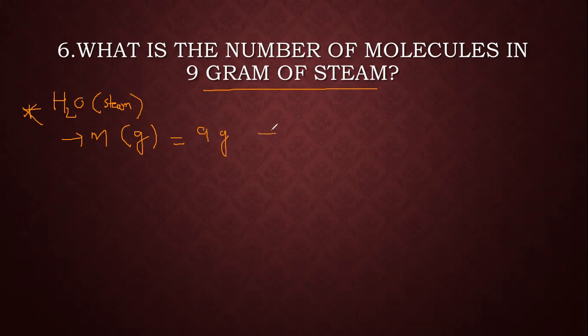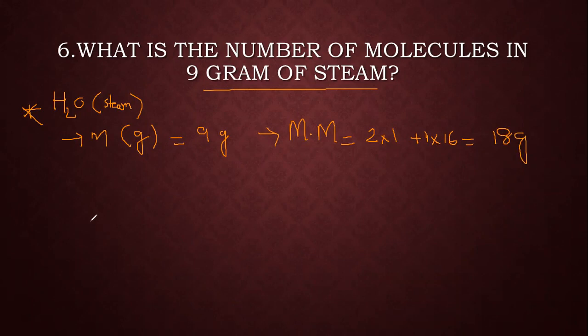We have to find the molar mass of steam. It must be 2 multiplied by 1, because of the 2 atoms of hydrogen, and 1 multiplied by 16 for oxygen. It will make 2 plus 16 equals 18 grams.